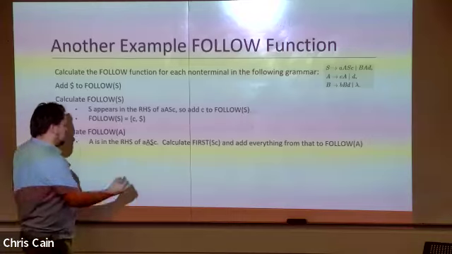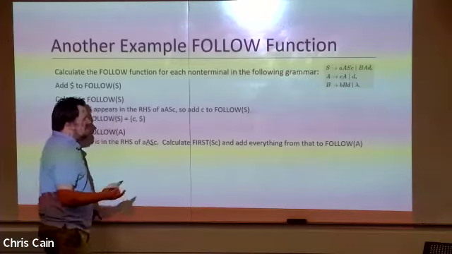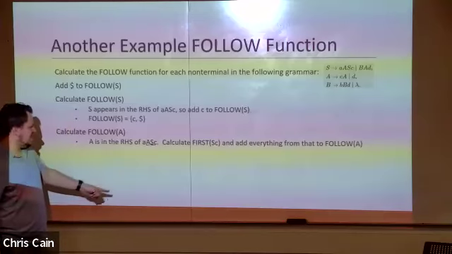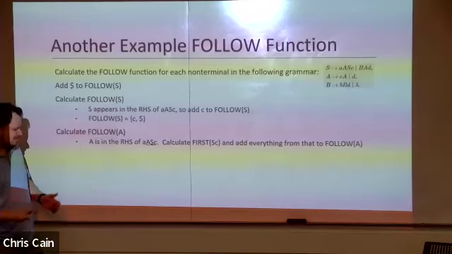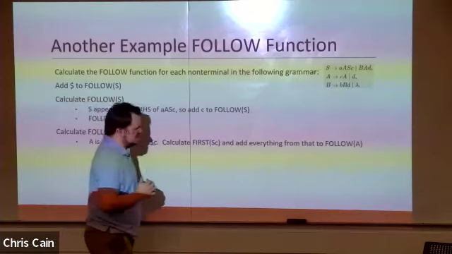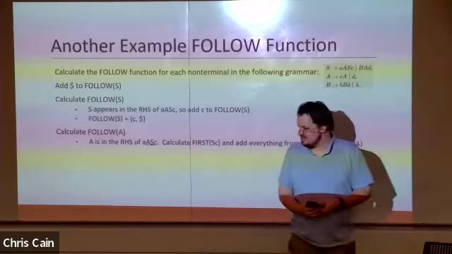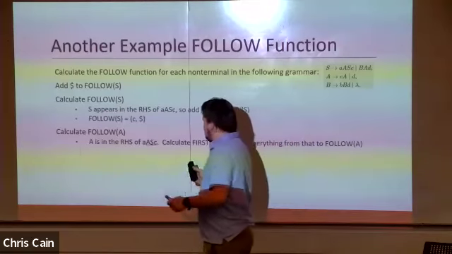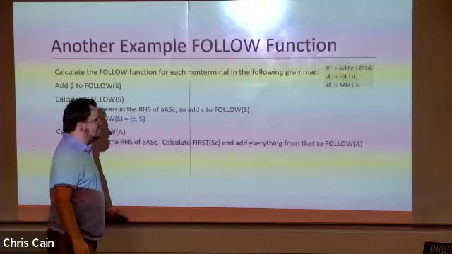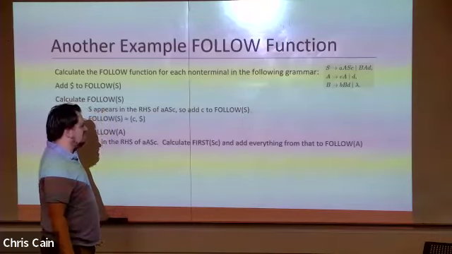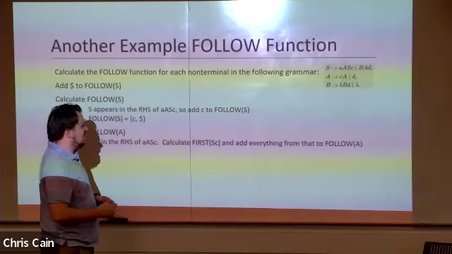If that makes sense. It really should be the first of SC because maybe it's possible that S could derive lambda and we have to add the C. But in this example, S cannot derive lambda, but it's important to consider that that may be the case in general. So what was first of S? What is the first character of some production involving S?